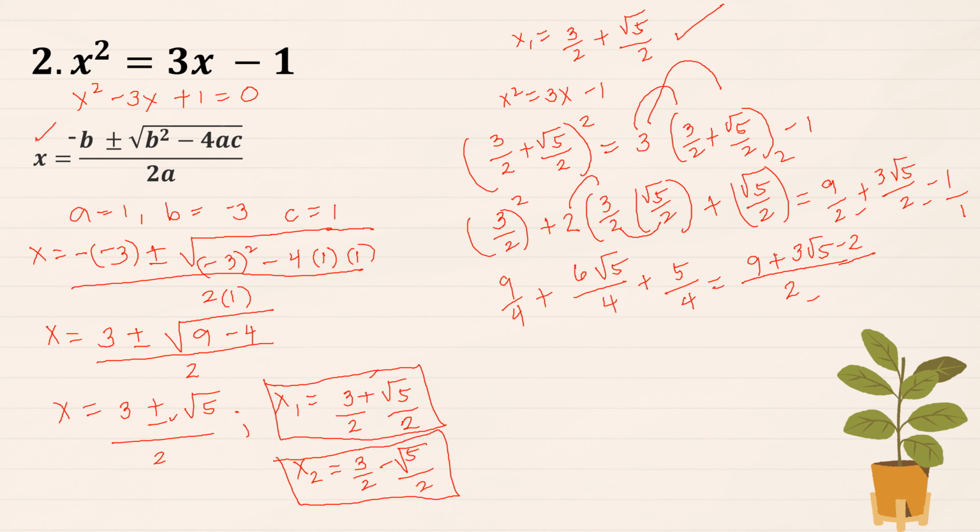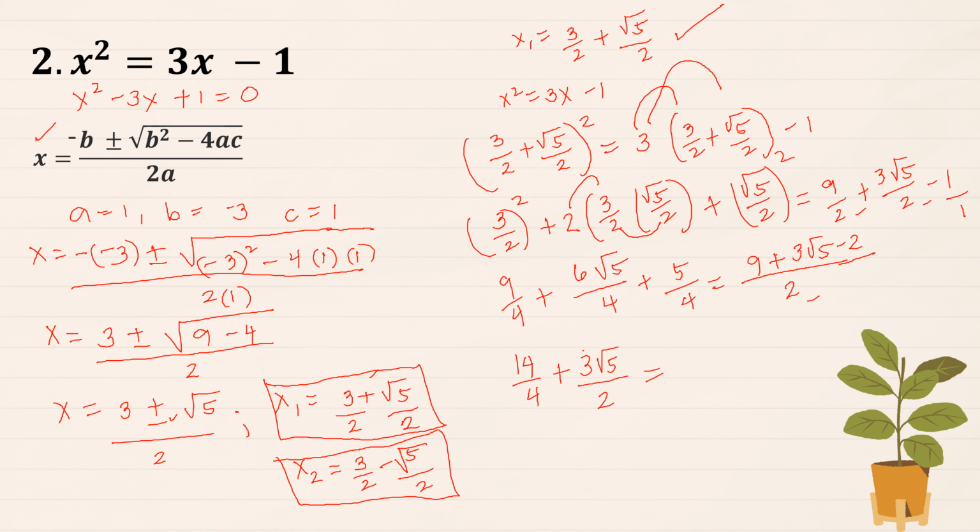The 9 over 4 and the 5 over 4 could be added, and this will be 14 over 4. And then the 6 over 4 can be reduced into 3 over 2, but there is still a square root of 5 in there. We are reducing only the 6 and 4.